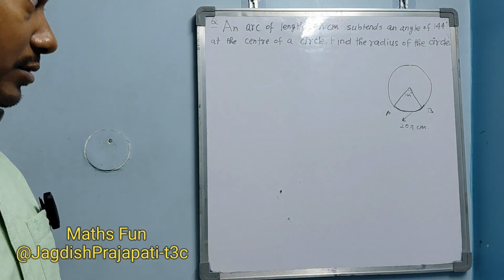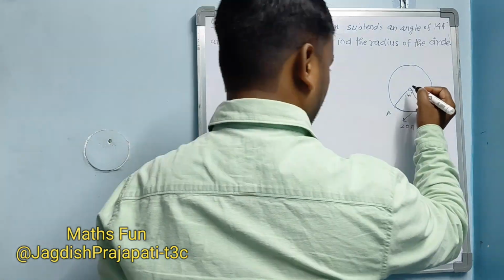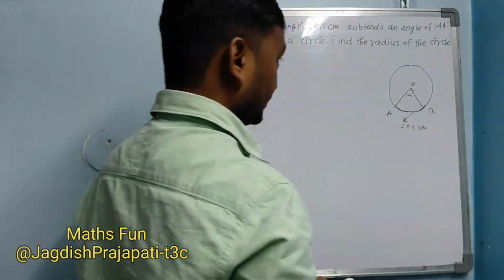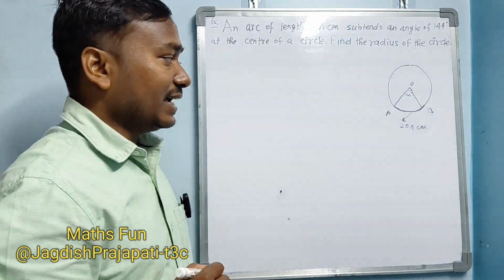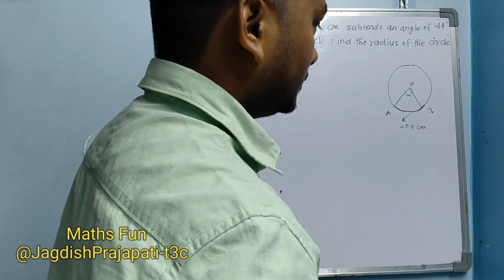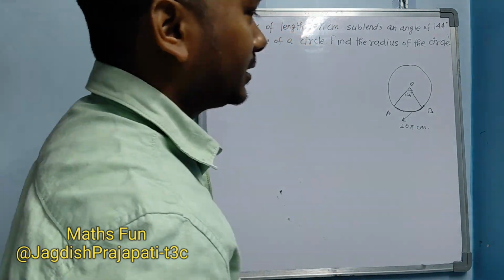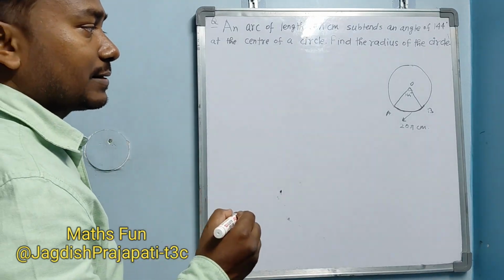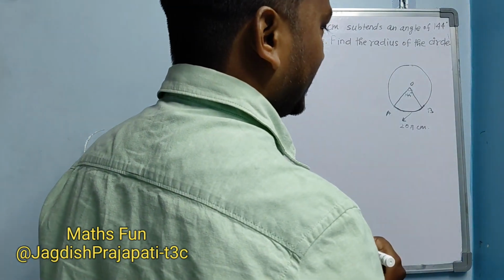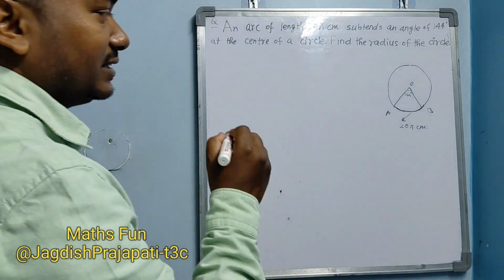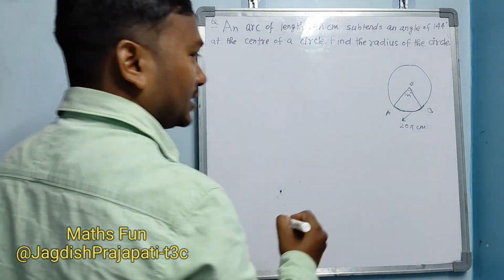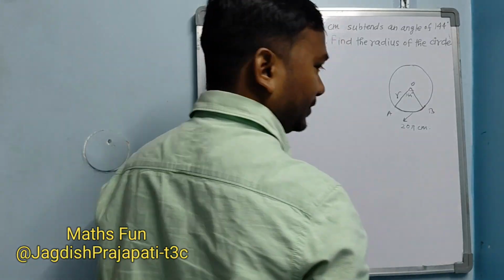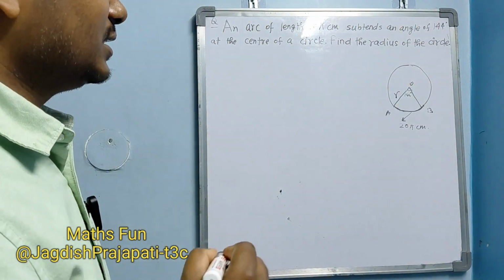Okay, so you please write down. Let AB be an arc length of 25 centimeter that subtends an angle of 144 degree at the center of the circle O. Let small r be the radius of the circle.